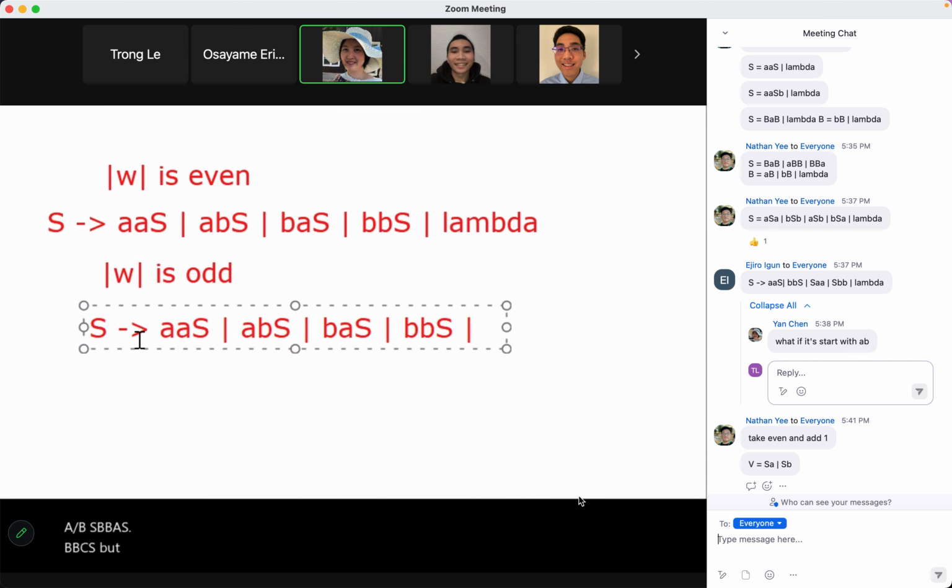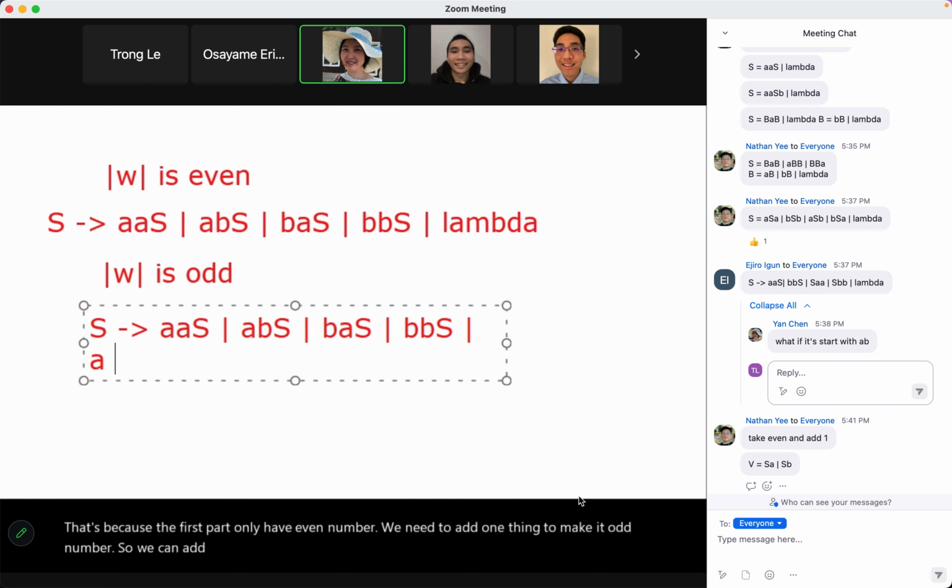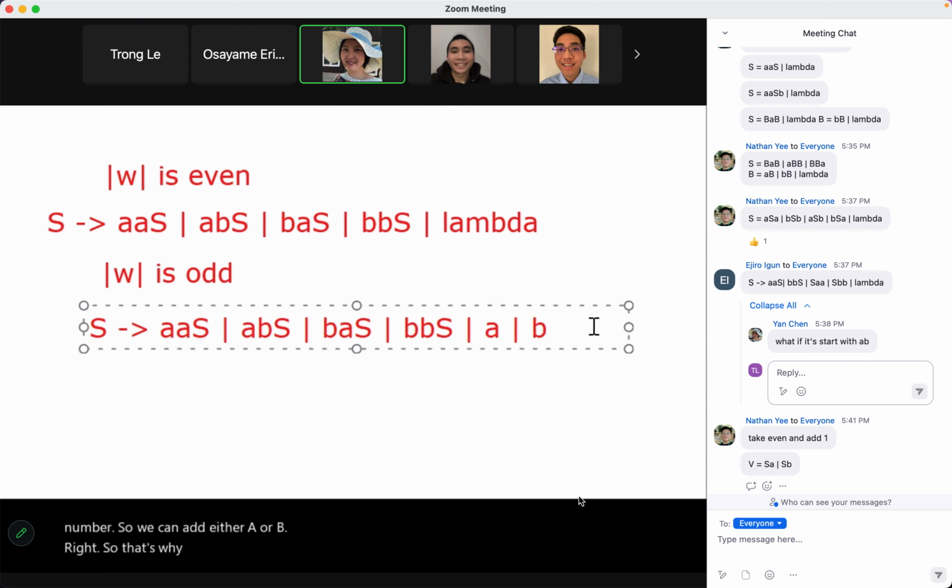But instead of having lambda, we need an actual letter. It's not enough, because the first part only has an even number. We need to add one thing to make it an odd number. So we can add either A or B. Right, so that's when the length of the string is odd.